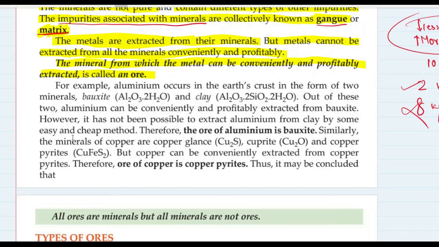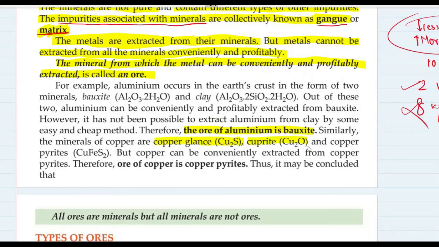Okay, so bauxite is an ore of aluminium, which is a special mineral from which more aluminium could be taken out. Similarly, the minerals of copper are copper glance. Please note these things down. I will also show you the table, but I want you to note these things down because they are very important. So bauxite is the ore of aluminium. That's one thing you should note down. Copper glance, copper sulfide, Cu2S, that is a mineral of copper.